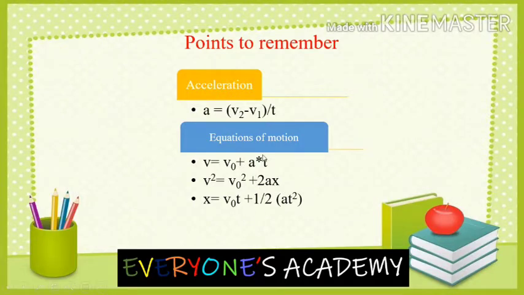Those are also known as equations of motion, that is v square equals v0 square plus 2ax, and x equals v0t plus half at square. We will study derivations of these equations later. We will directly see the use of these equations by solving a few examples.